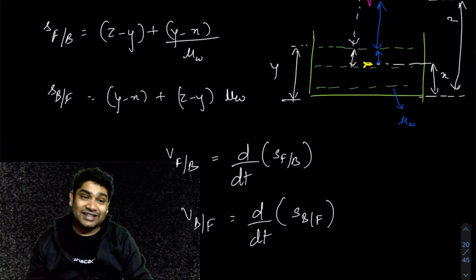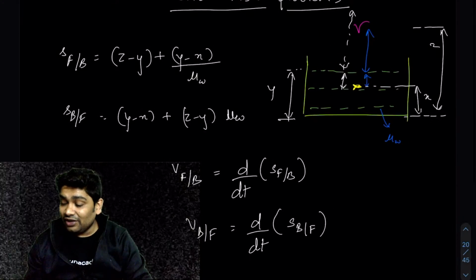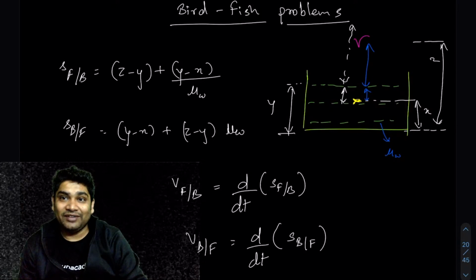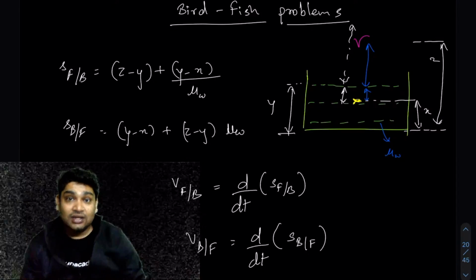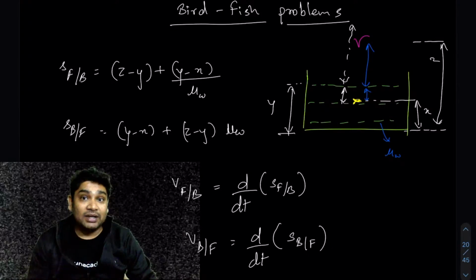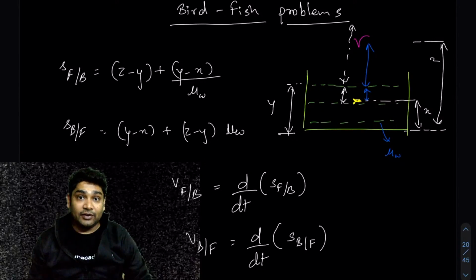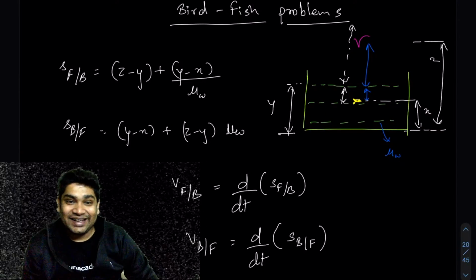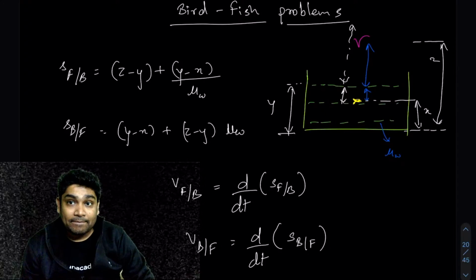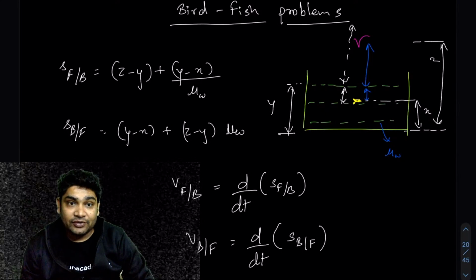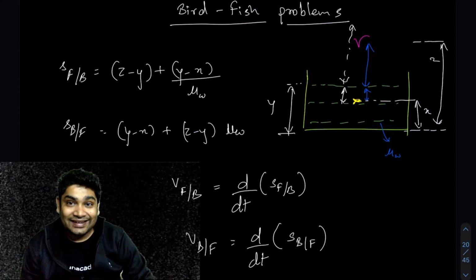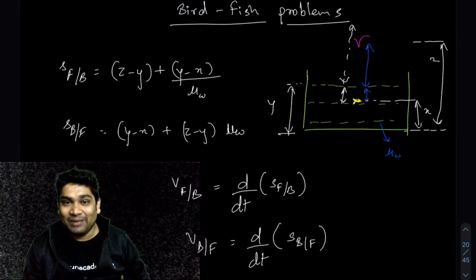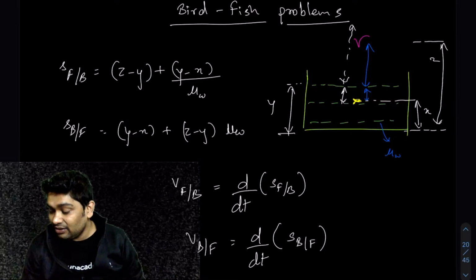So these are standard problems where you have a bird and a fish, both moving with respect to each other, and you are asked to find the velocity of one as seen by the other. This is the standard way to solve it. I hope that you follow this. You can let me know if there is any confusion, and if there is none, we will go ahead and practice maybe a couple of such problems.